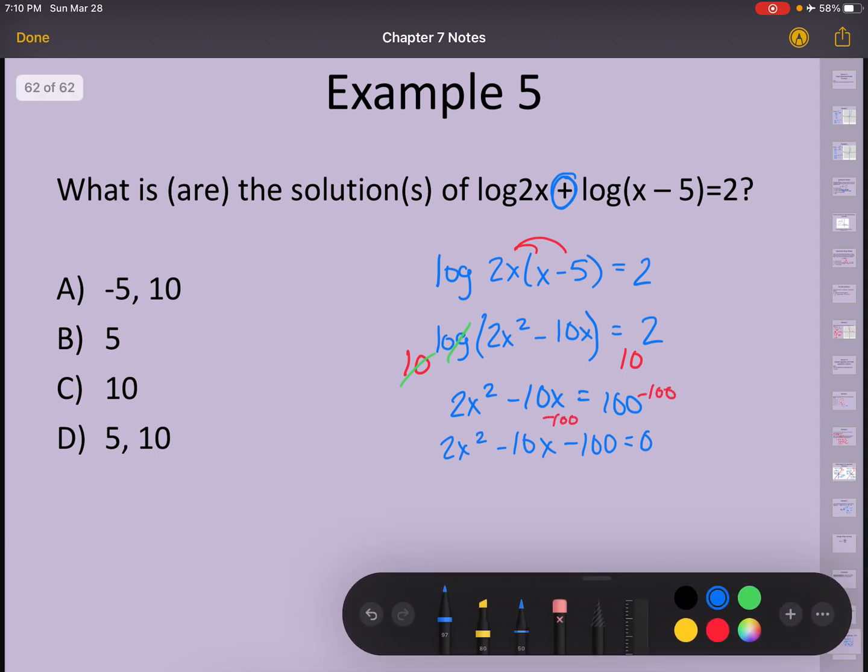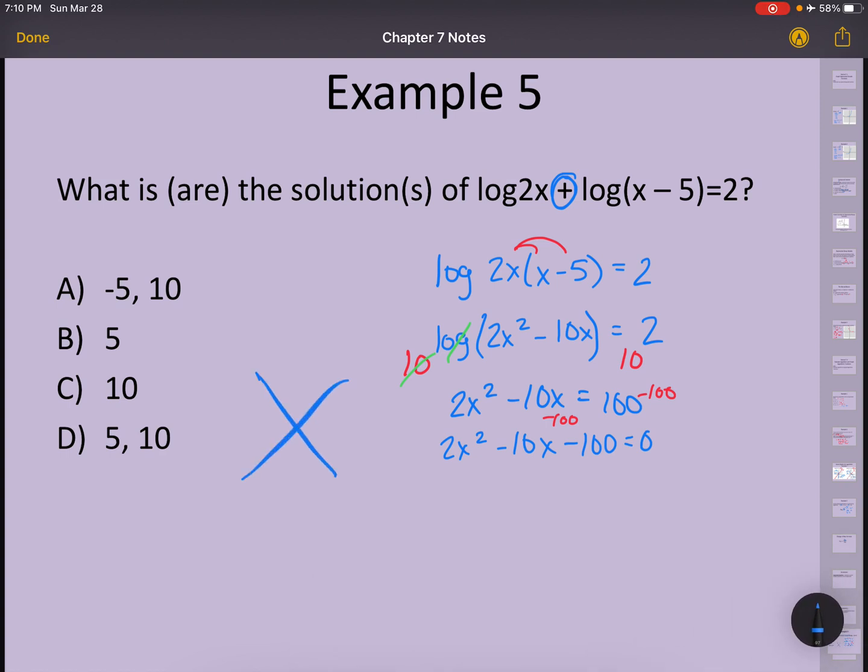Okay, now this is just a quadratic that we can factor. But before I can do that, I realize 2, negative 10, and negative 100 can all be divided by 2. So let's factor out the 2 first. So I'm left with x squared minus 5x minus 50 equals 0. And that makes it easier on my X method.